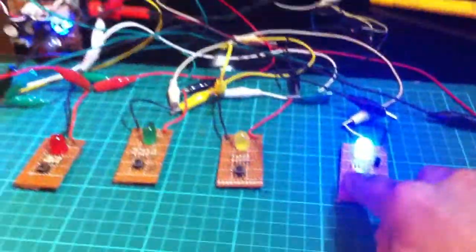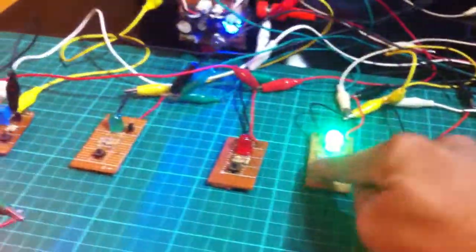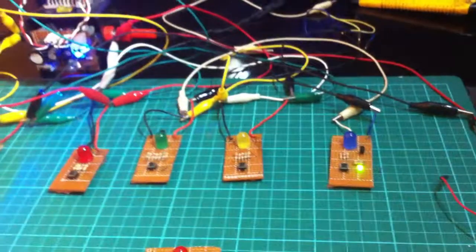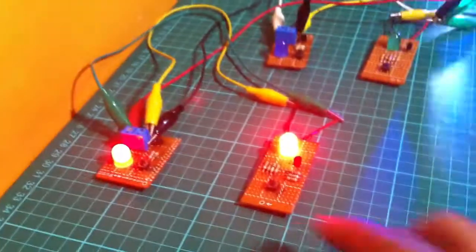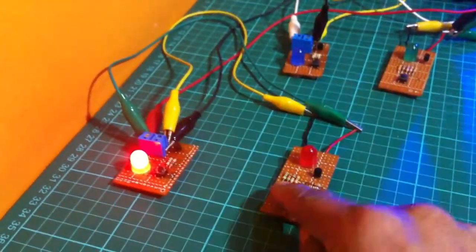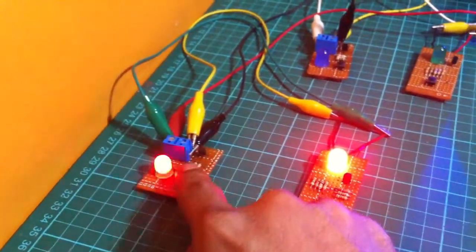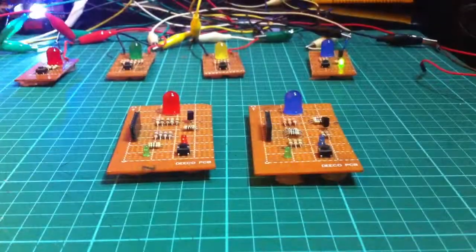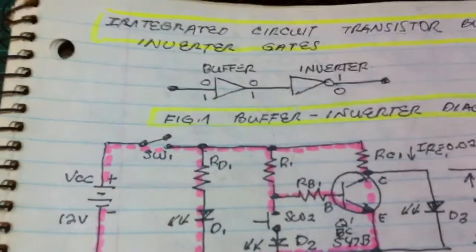Also, we have here an old project I constructed, and these are all buffer gates. We also have the inverter. So let us check the circuit diagram.